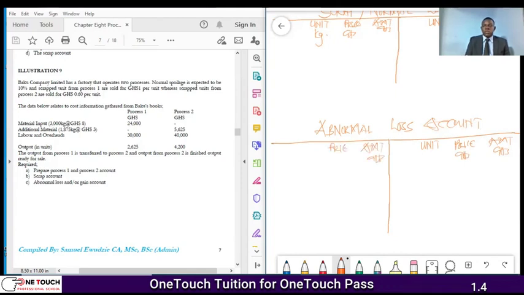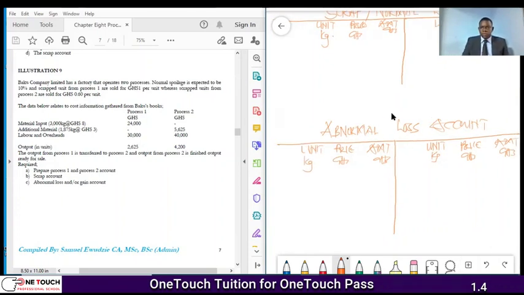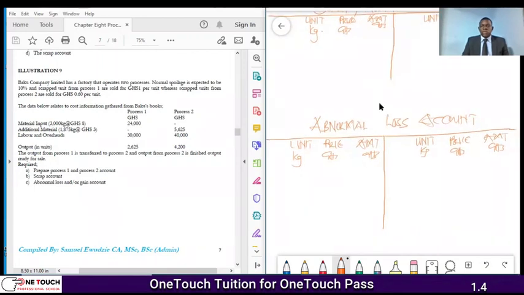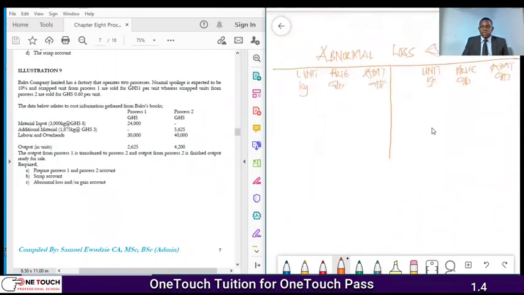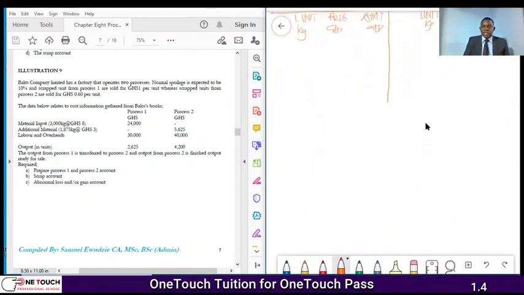Price, units. Okay. Great. So let's see. Okay, let me add the last one. That's the abnormal gain account.